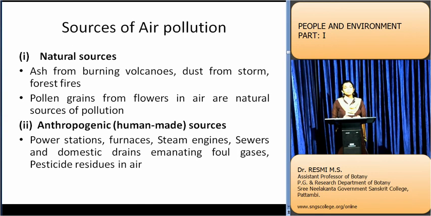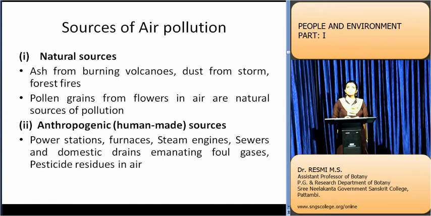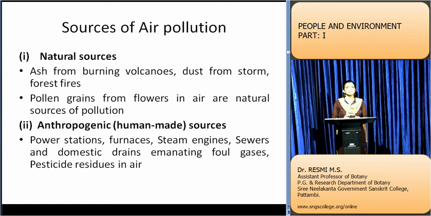Major natural sources of air pollution come from burning volcanoes, dust from storms and forest fires, etc. Not only that, certain pollen grains from flowers in air are also natural sources of pollution. The main causative source of air pollution is anthropogenic, which is mainly by power stations, furnaces, steam engines, sewers and domestic drains emanating foul gases, pesticide residues in air, etc.